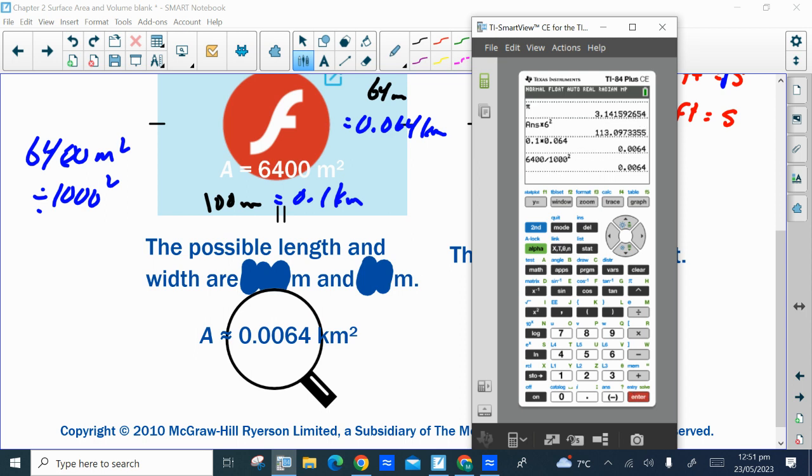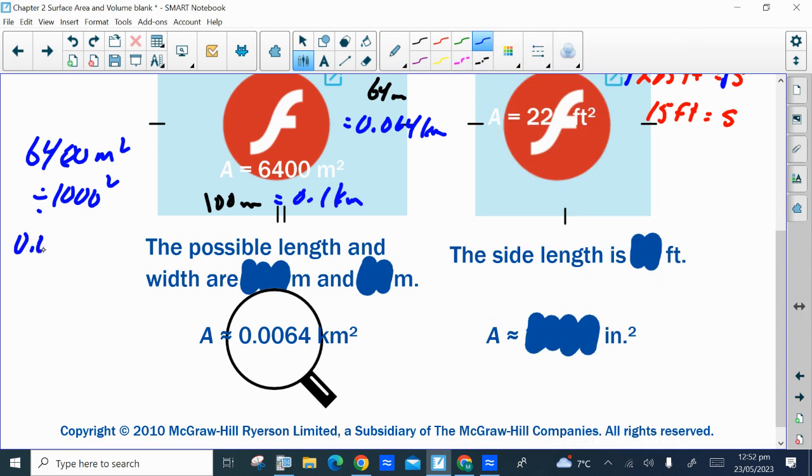So that's how you go from meter squared to kilometer squared. You have to divide by 1,000 squared because there are 1,000 meters in a kilometer, but also the squared part comes from the fact that area is in units squared. Whoops, I missed a zero there.